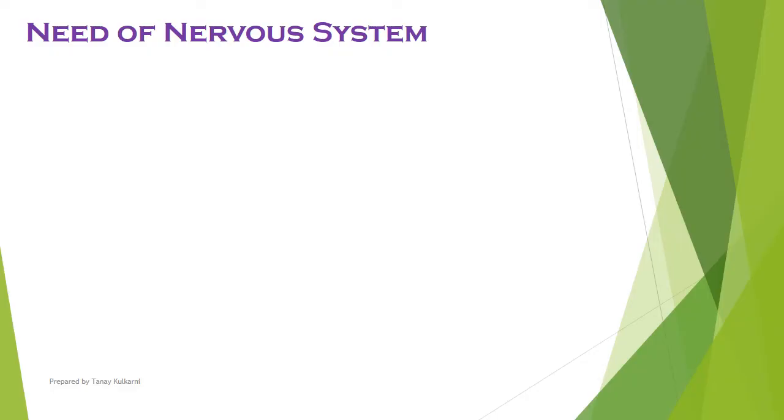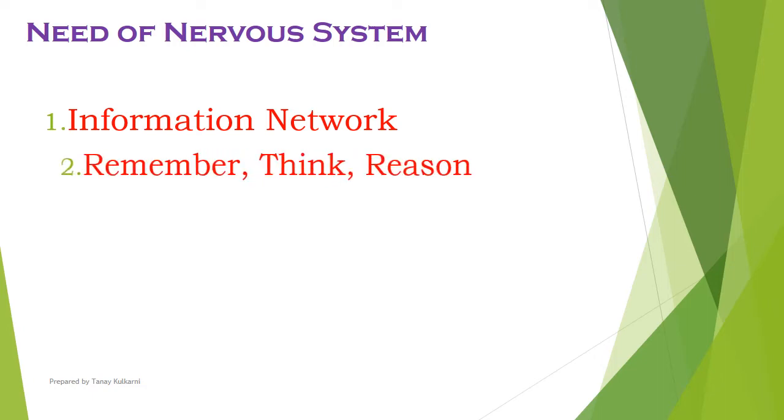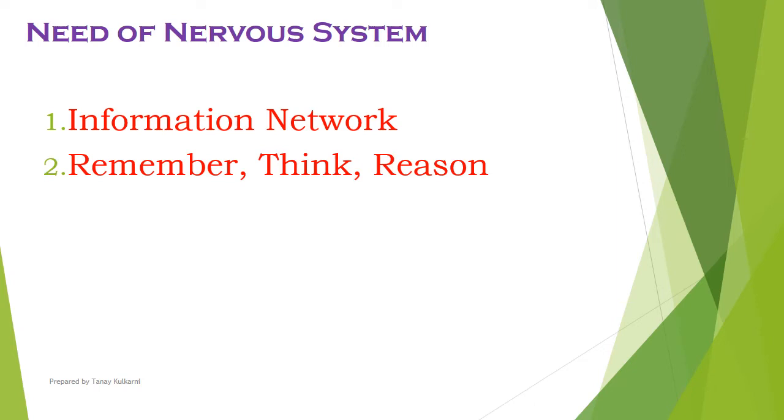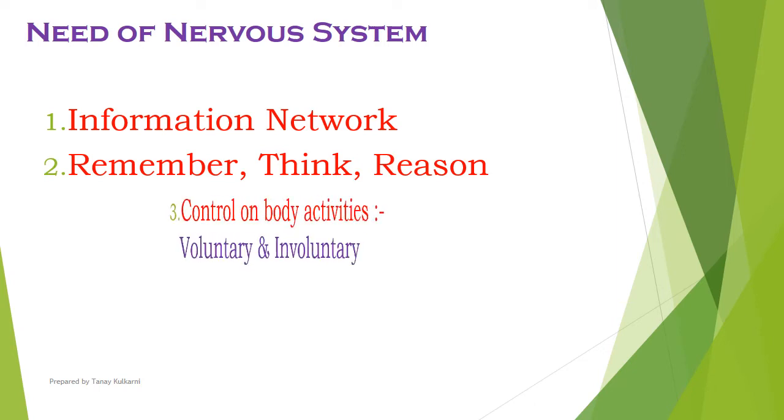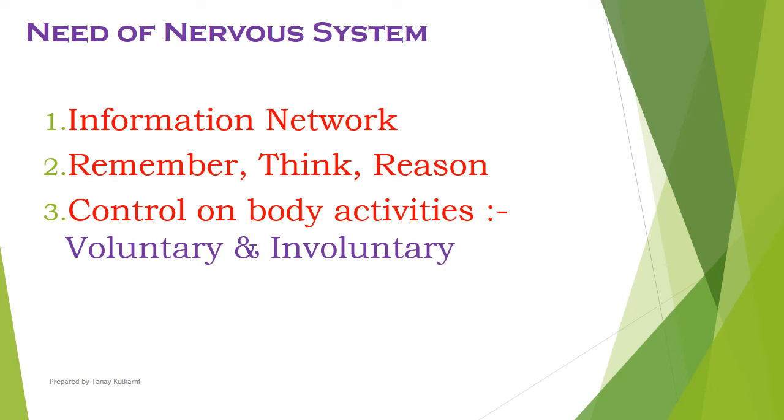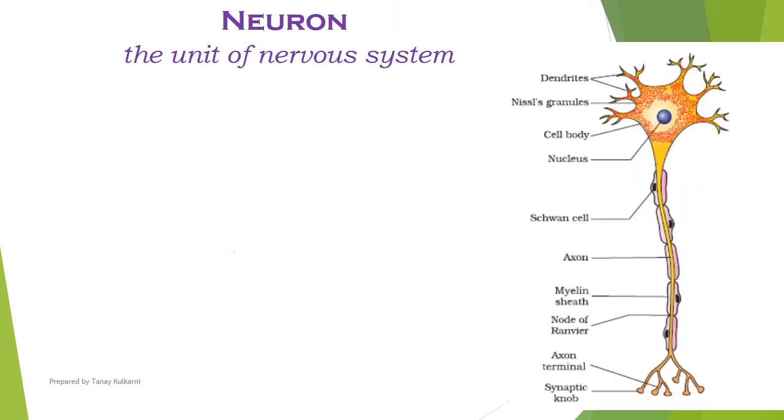So basically we will require nervous system as it creates the network of information about the outside world through the sense organs. It also enables us to remember, think and reason out. It also controls and harmonizes all voluntary as well as involuntary activities going on in our body, right?